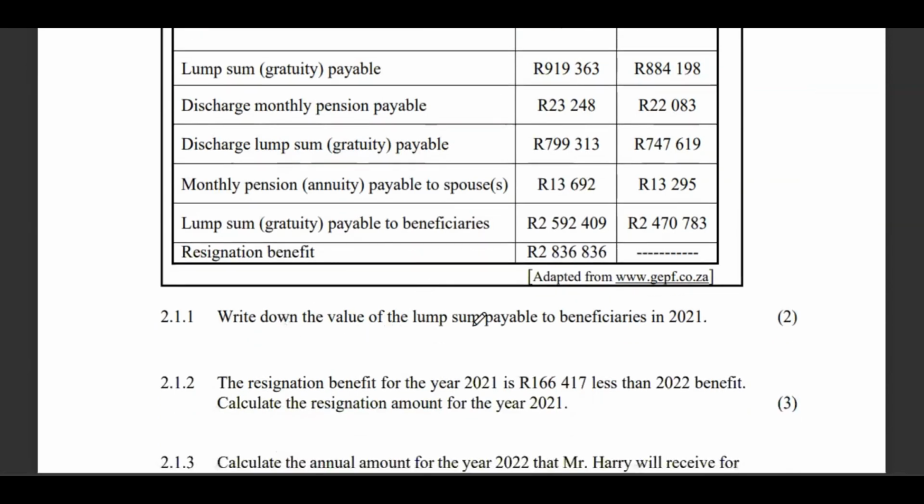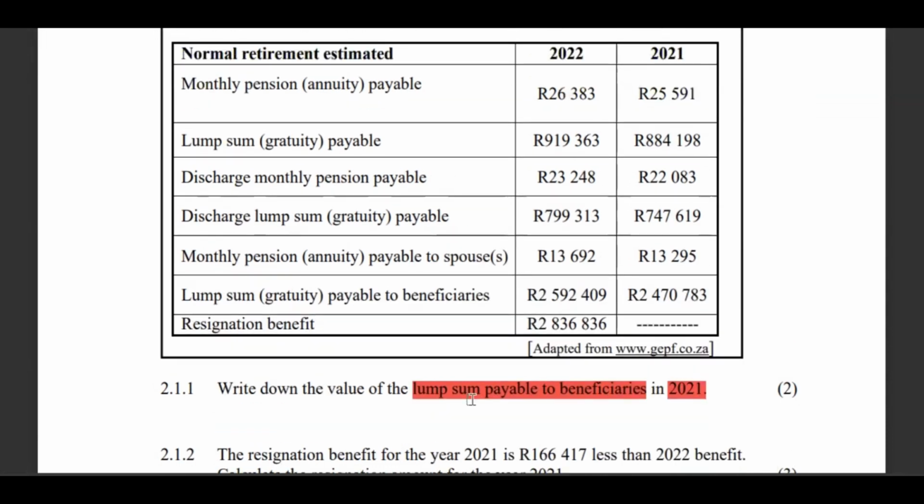Write down the value of the lump sum payable to beneficiaries. Take note of that. In which year? 2021. So when you come here, look for lump sum payable to beneficiaries.